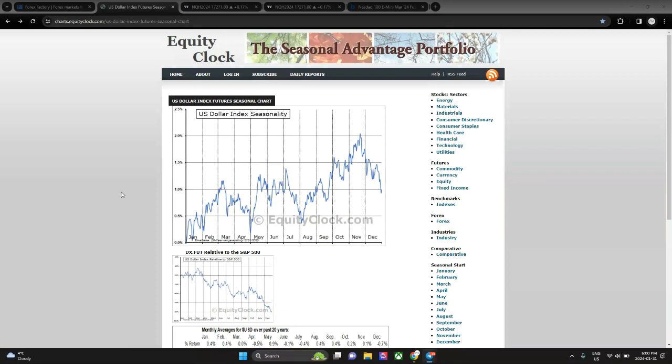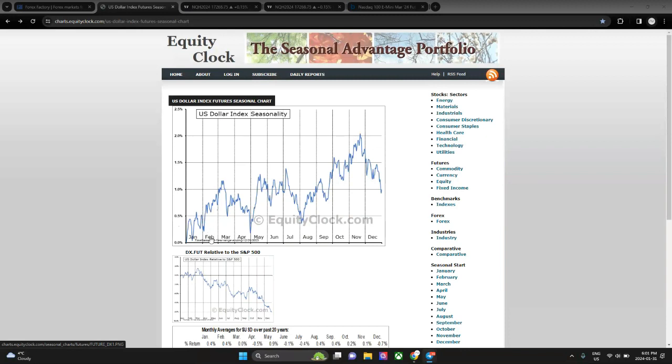So in regard to any index, if it's the S&P 500 or the Nasdaq, I still use the US dollar. The reason is that it gives me a better reading for price than using the actual seasonal tendency. I do use them, but just secondhand.